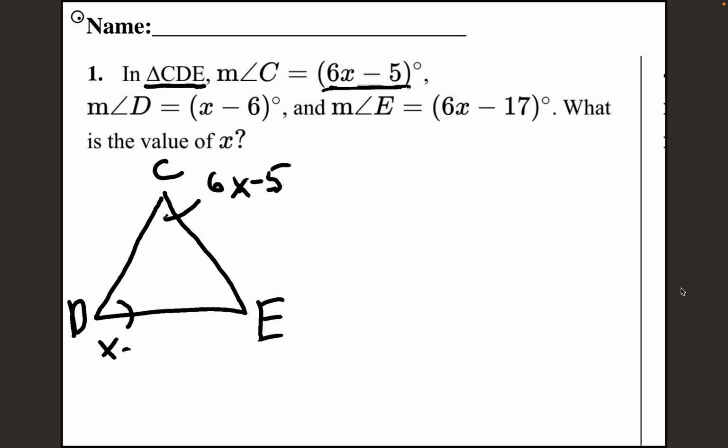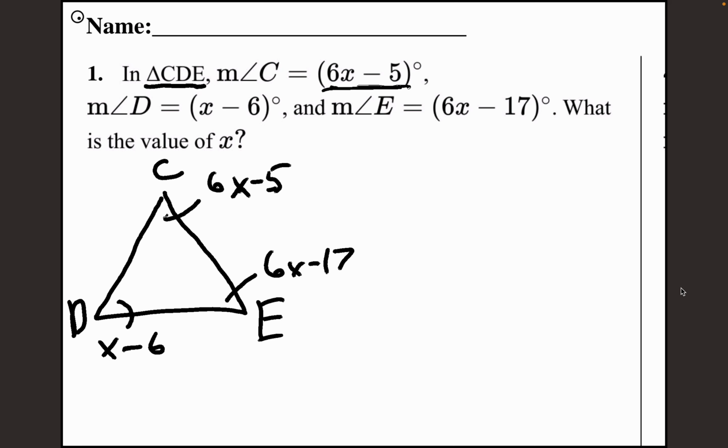If you draw your triangle big enough, you can put them inside, but just know those little arrows mean that those are going to be the angle. Okay? So now I have all my inside angles of this triangle.